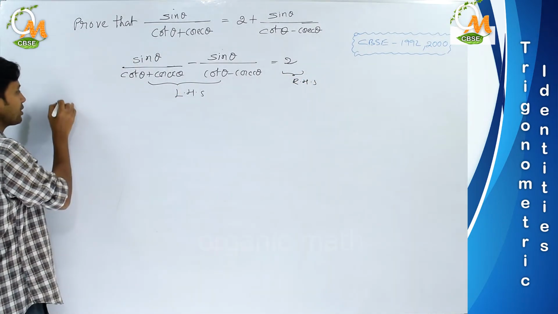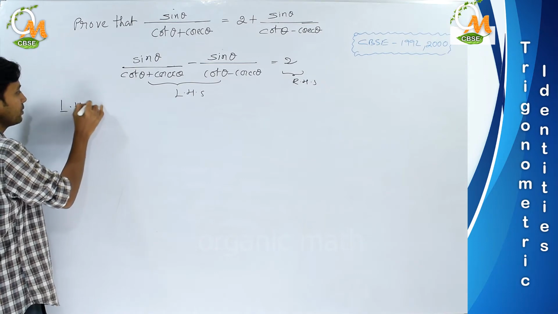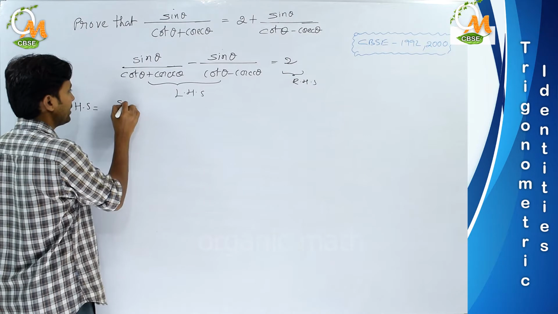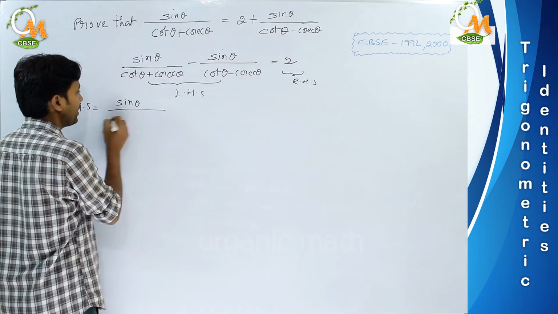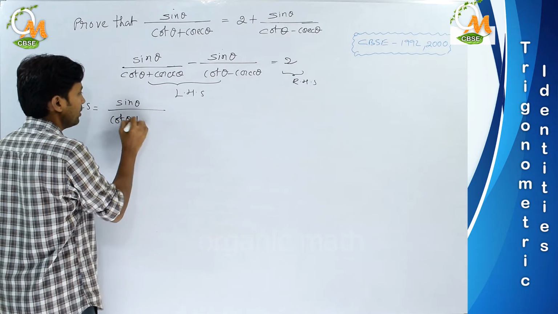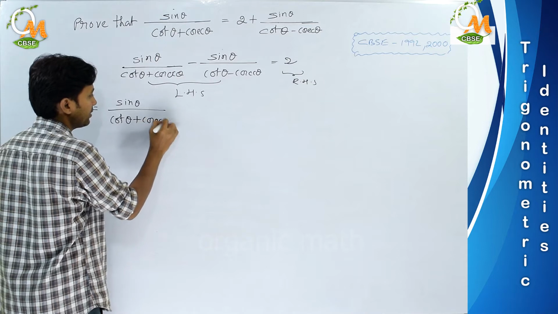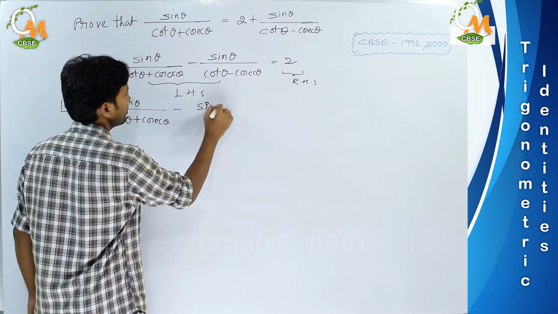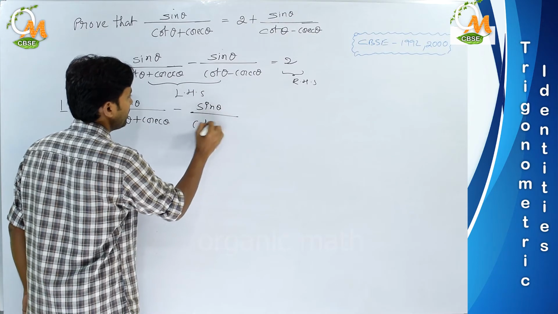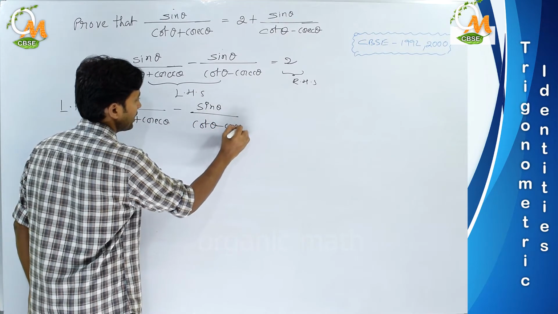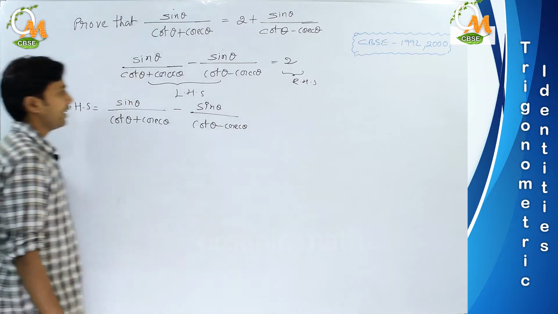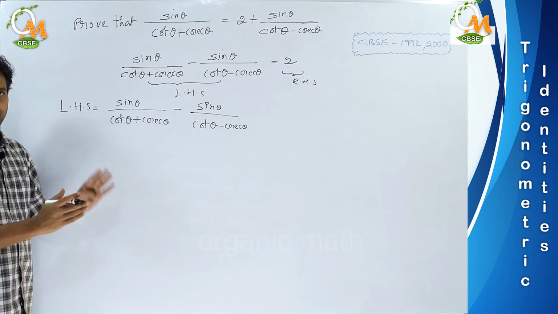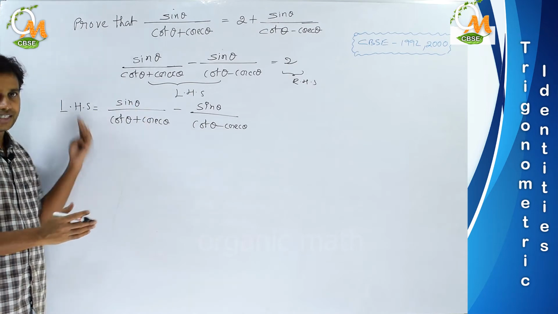Understood? Now take the LHS part. So your LHS part would be, write it down: sine theta by cot theta plus cosecant theta minus sine theta by cot theta minus cosecant theta. Now, as sine theta is common in both the numerator parts, we can take it out.